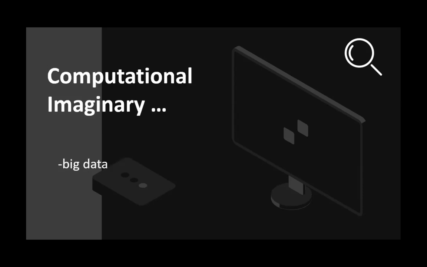And then the second imaginary, instead of focusing on geocoded data, focusing on big data, what people are calling big data, and here, using a computational imaginary. So this could include looking for actual data sets that government have, whatever way they've created them.